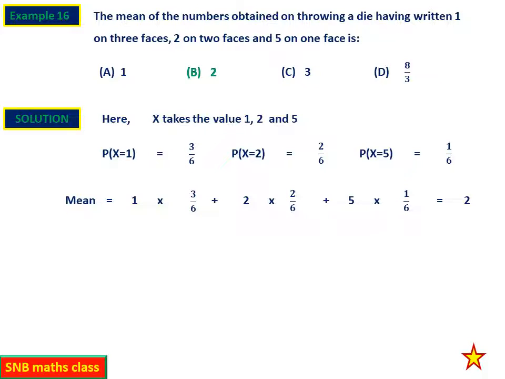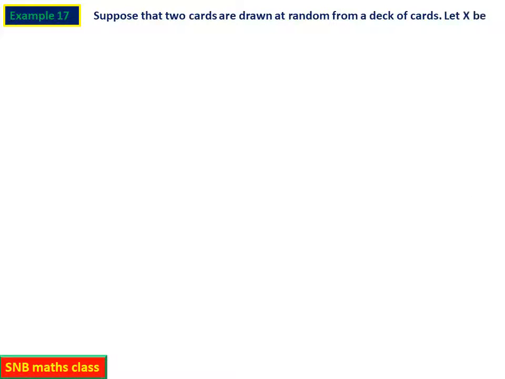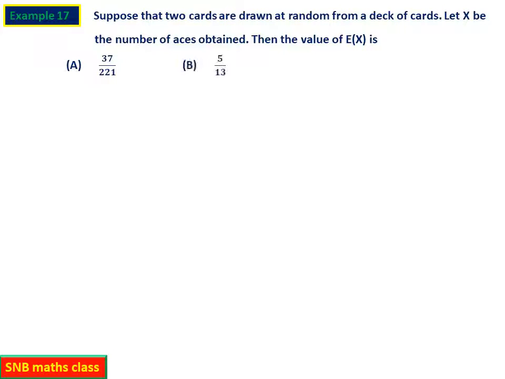So let us proceed. Next, example 17. Suppose that 2 cards are drawn at random from a deck of cards. Let x be the number of aces obtained. Then the value of E of x is: A 37 by 221, B 5 by 13, C 1 by 13, D 2 by 13.